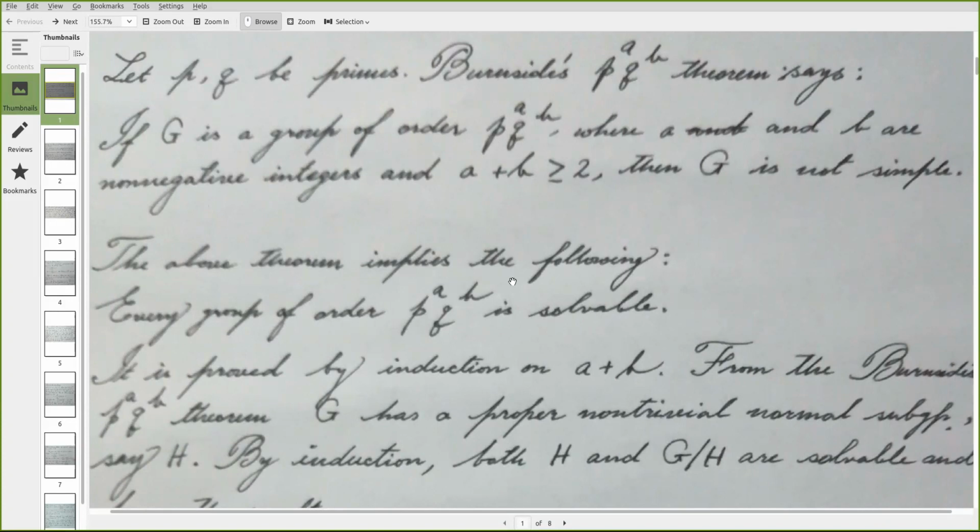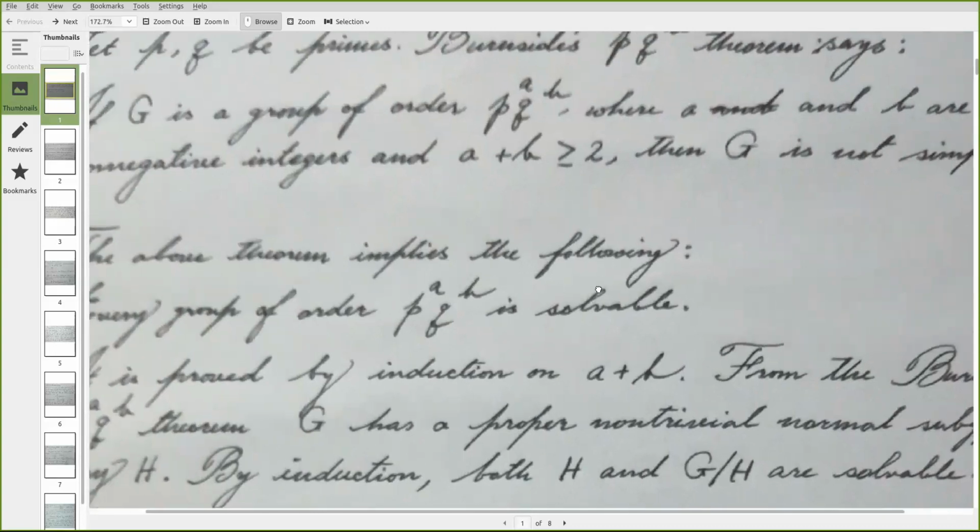We take that subgroup and take the quotient with respect to it. Both of them will have order of this type, but the sum of the exponents will be less, because both are proper divisors of p to the power a, q to the power b, which is the order of G. Now we use induction. In the case when a plus b is 1, it's obvious.